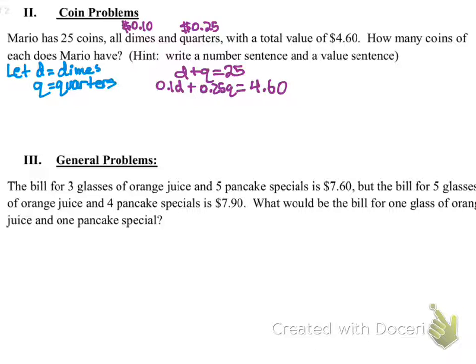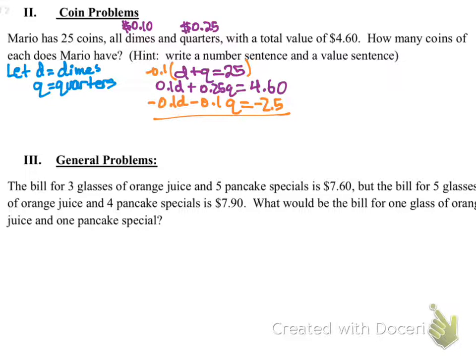And so again, you can choose whichever. If you want to substitute, sure, you can substitute. If you want to eliminate, you can eliminate. I would probably go through elimination here and multiply the first one maybe by negative 0.1 to eliminate the D's. Whichever method you choose, go ahead and solve for D and Q. Take about a minute, pause the video, and then once you unpause it, I'm going to have all the answers.